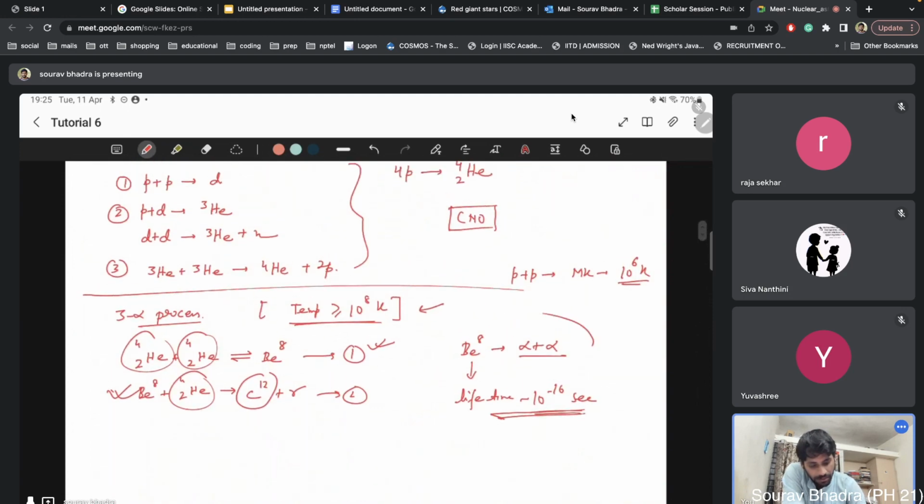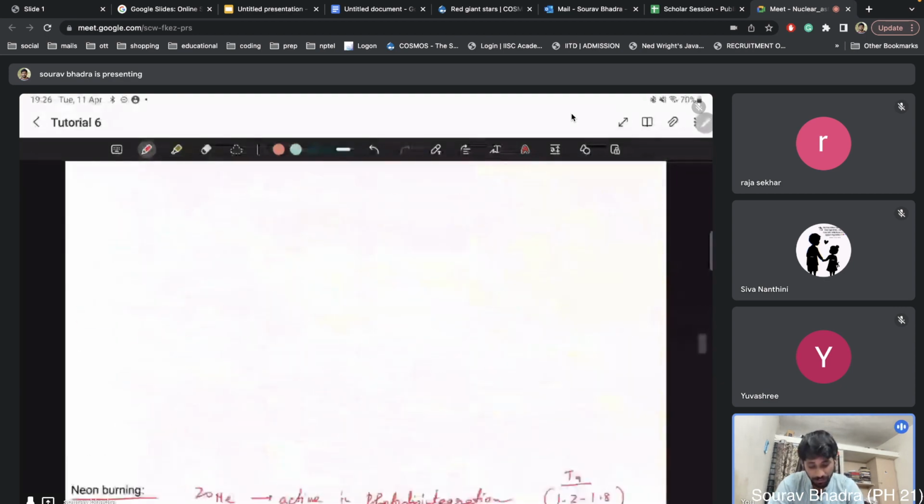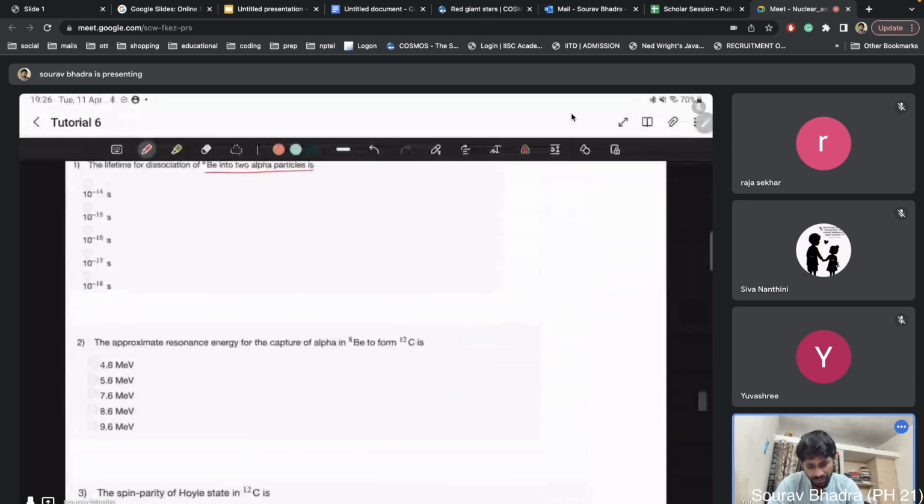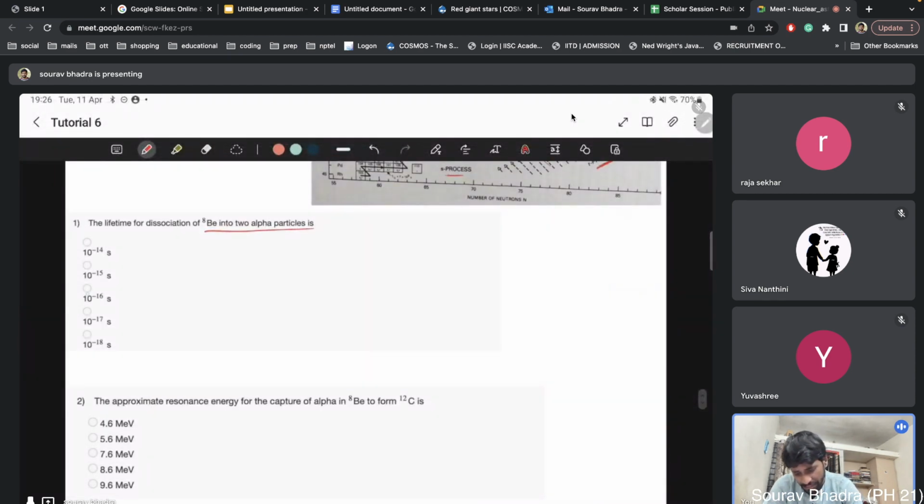While going through the triple alpha process, the first step was 2 helium nuclei giving rise to a beryllium-8 nucleus, and that beryllium can also decay into 2 alpha particles. That lifetime is 10 to the power minus 16 second. This value is important, so that is the answer to the first question. All the questions are just theoretical questions.